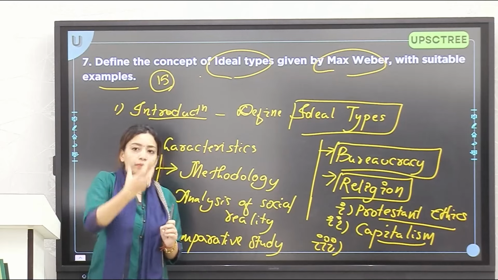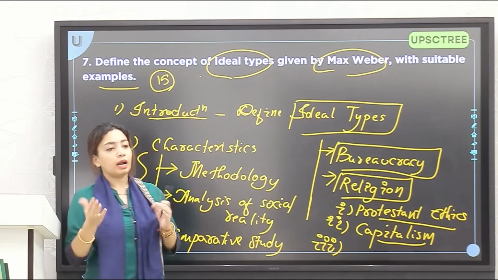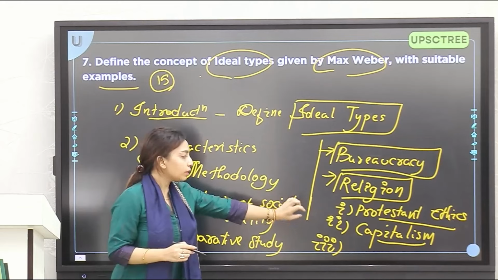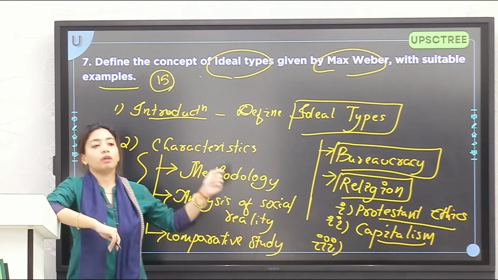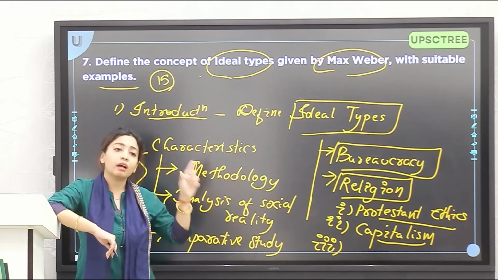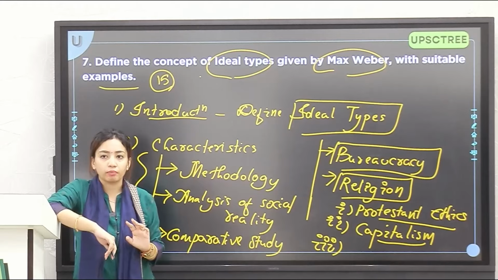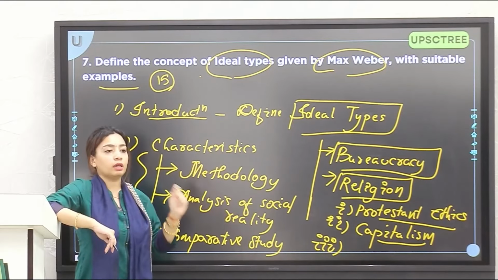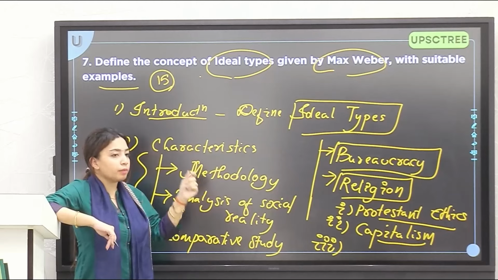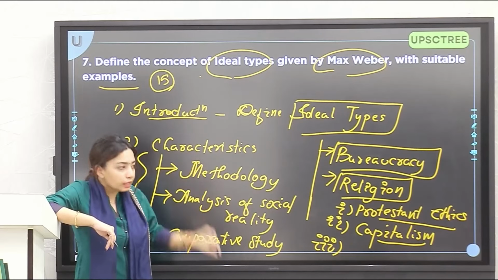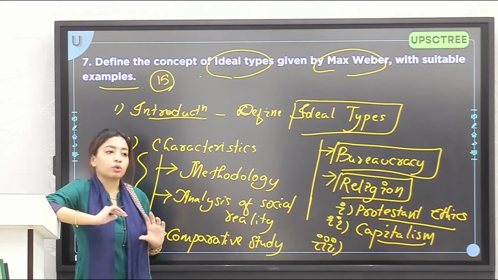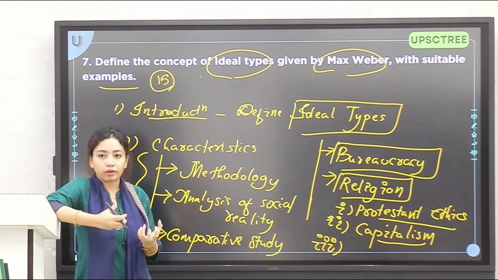Okay, so he will be making these ideal types and he will make a comparison that why did capitalism grow in England or Europe per se and not in different parts of the world. So he had a say that all these religions have different criterias or ideal types which prohibit or inhibit the growth of capitalism. Right? So in India we had flourishing trade, right?